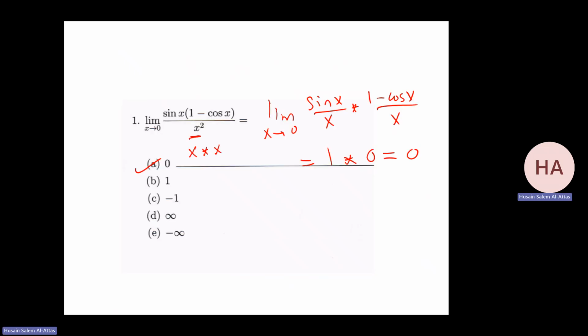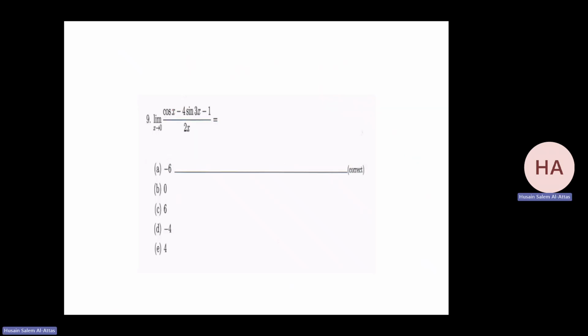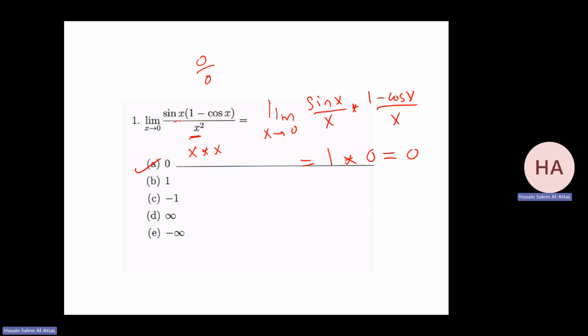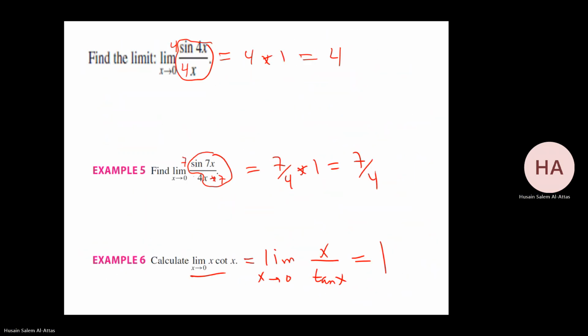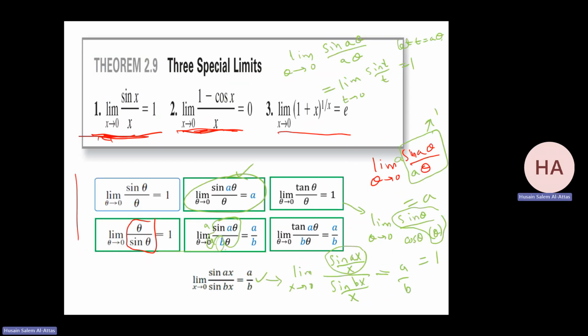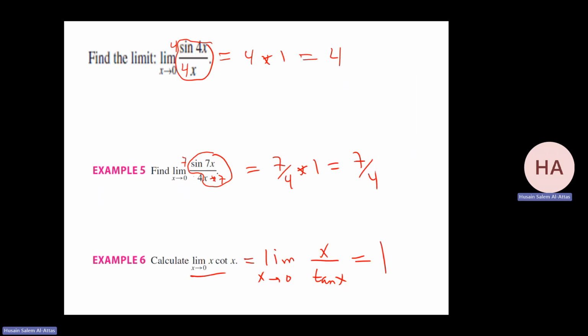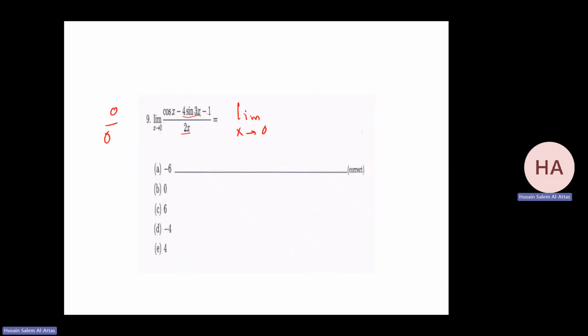Yeah, this one. By the way, in each of these problems, if we substitute, we are getting 0 over 0, huh? Also this one, it will be cosine 0, which is 1, minus 1. This is 0, this is 0, so I have 0 over 0. So I need to do something. So just distribute the limit. Be careful when we have the formulas. I have cosine x with 1, with a 1 minus cosine x or cosine x minus 1 is the same idea, but sine is alone. So I will do this.